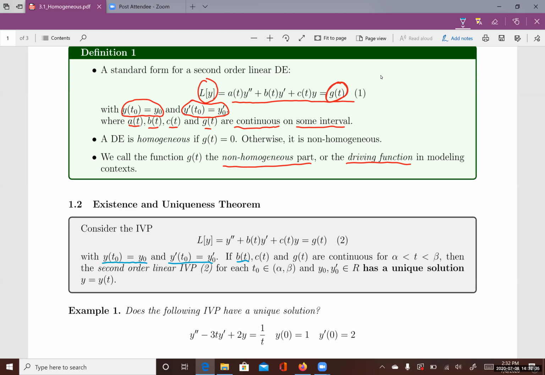If b of t, c of t, and g of t are all continuous on an interval from alpha to beta, then for each t0 in this interval, and y0 and y prime 0 real numbers, this IVP has a unique solution, y equals y(t).